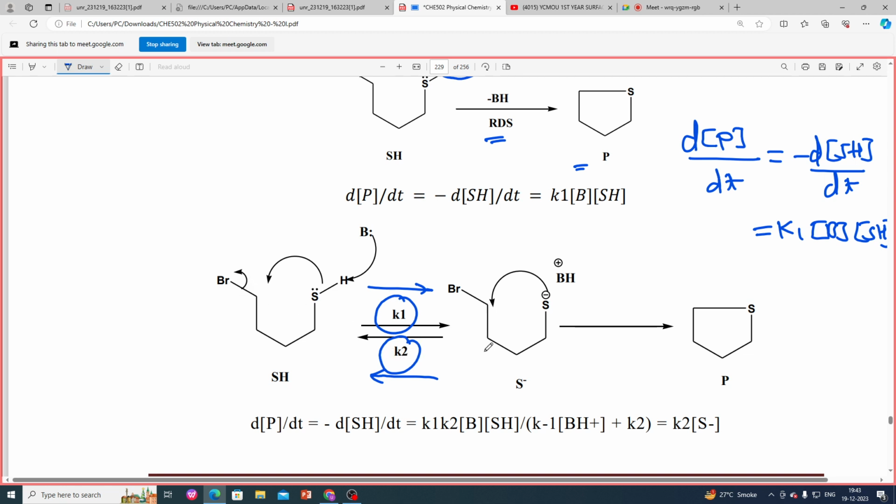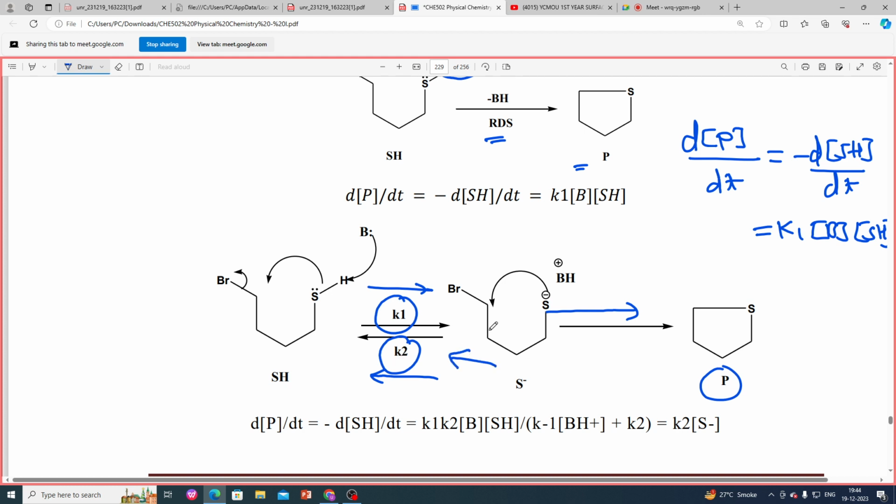Okay, so K2 is the rate constant of the reverse reaction. Here we get the different product on a different rate constant, okay, and finally we get the product P. See here, from this step the reactant is only converted into the product. From here reactant have choice to go back into the reactant.